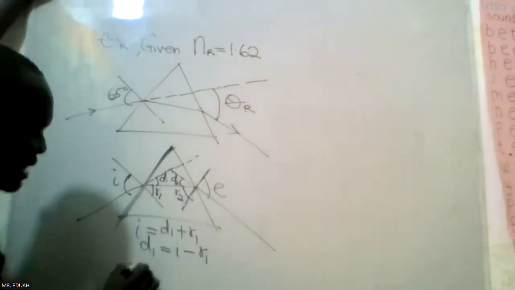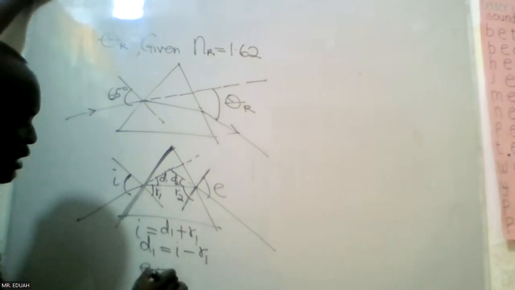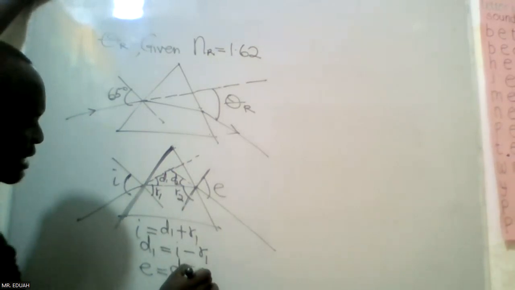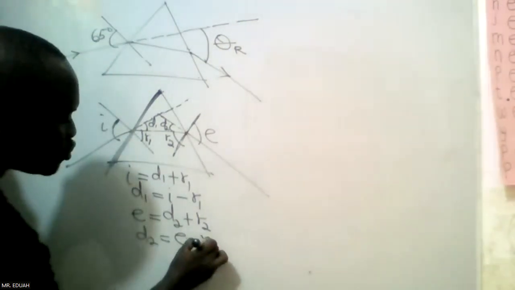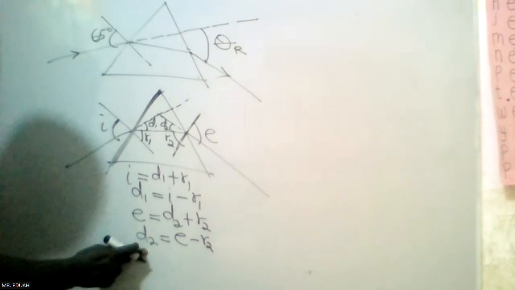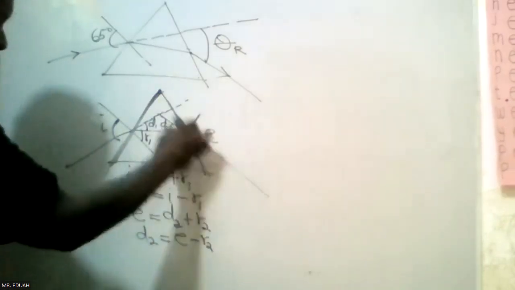Then we can equate the angle of emergence to D2 plus R2. When you make D2 the subject, you have E minus R2, and this relation also gives you the deviation which occurs at this plane.